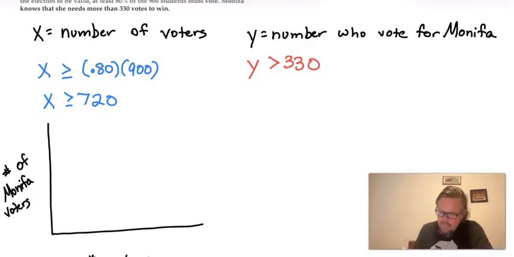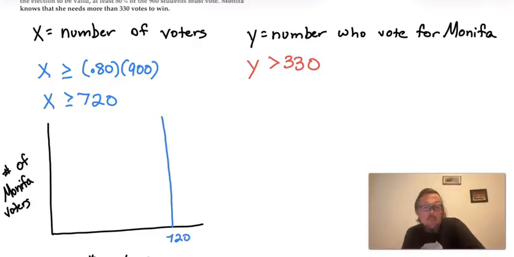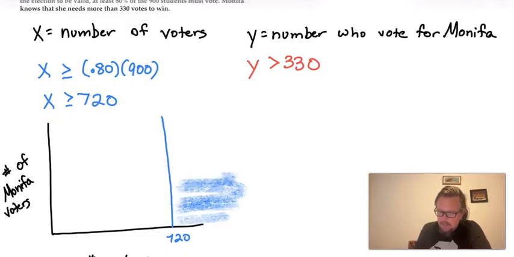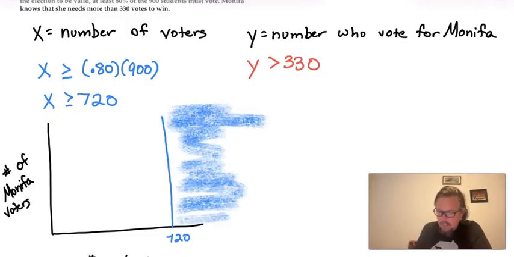And so x, very simply, is going to be a solid line at 720. And we've got to have greater than 720. So when we shade, we're going to shade everything that is past 720, everything over here.